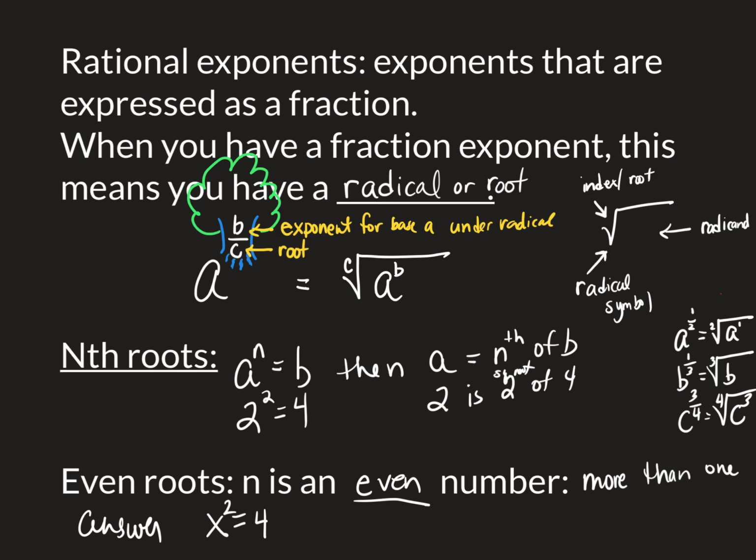So the one thing that I have to remember about this is, I kind of translate it into common terms. What number can I square and get 4? Or what numbers can I square to get 4? And that would be, x could be positive 2 or x could be negative 2.